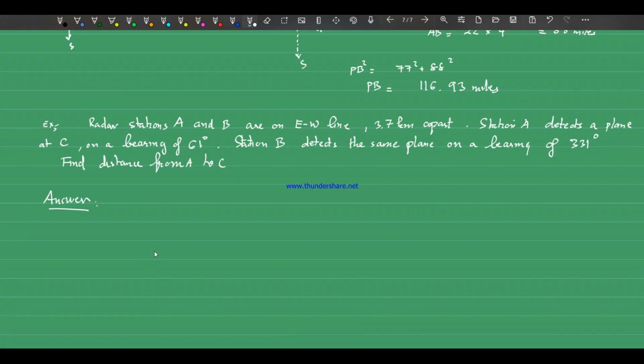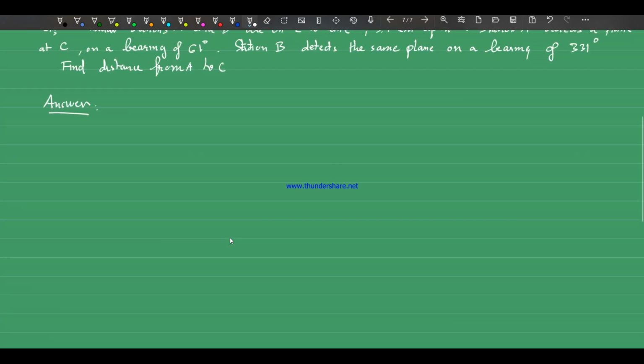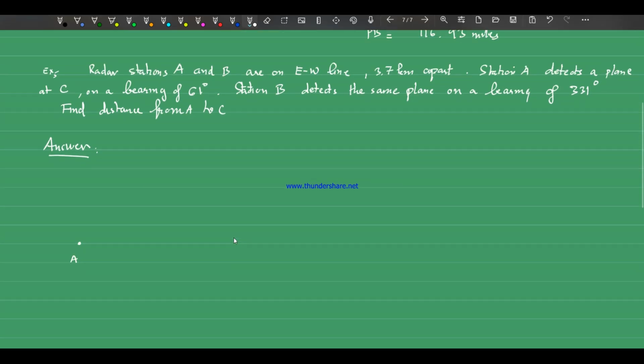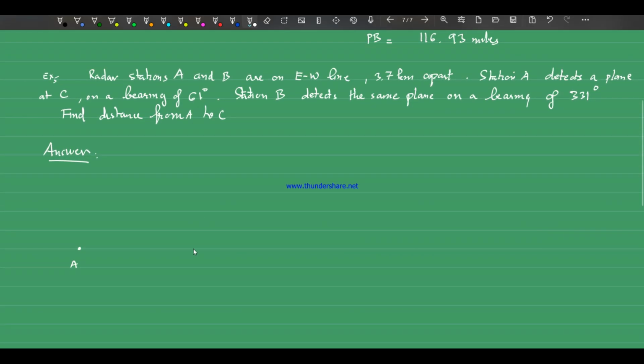Of course both of the radars must be on the ground. So radar A here and radar B here. Over here they said 3.7 apart.